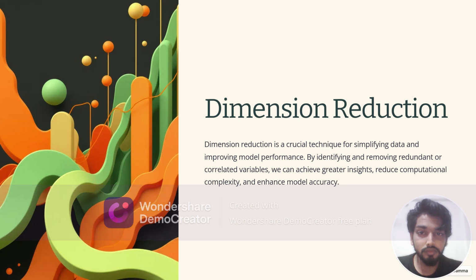It removes the redundant correlated variables, meaning the variables that are repeating again and again. It achieves greater insights, it reduces the complexity in our data, and it also enhances the accuracy. So dimension reduction is very important in making our model more accurate, more boosted for performance, and more efficient.